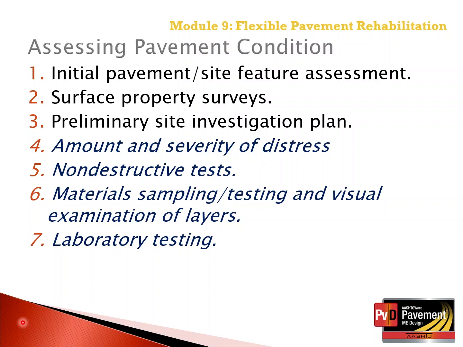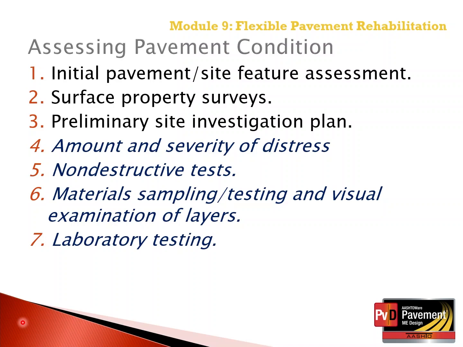The first is initial pavement site feature assessment, surface property surveys, preliminary site investigation plan, and then amount and severity of distress, non-destructive test, material sampling, testing, and visual examination of layers, and then laboratory testing.